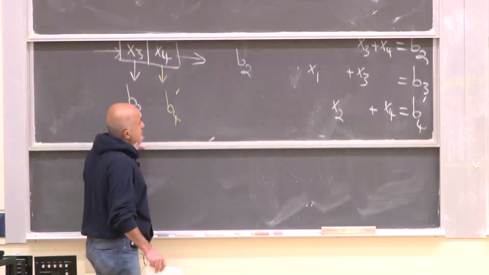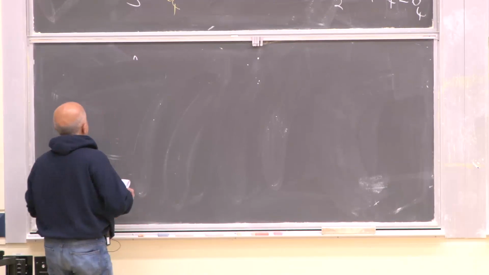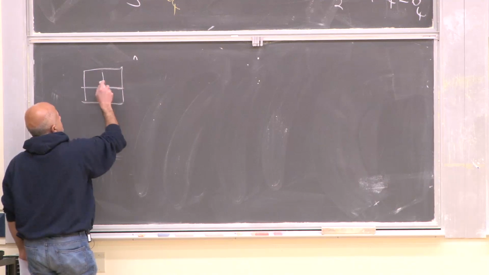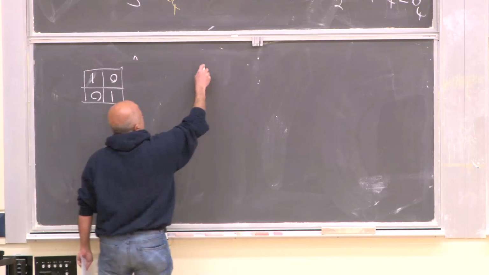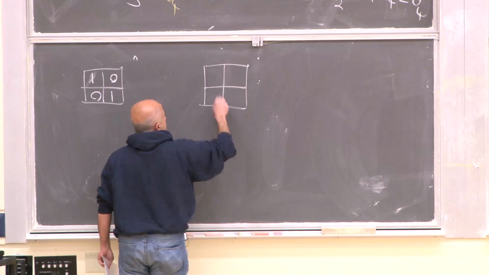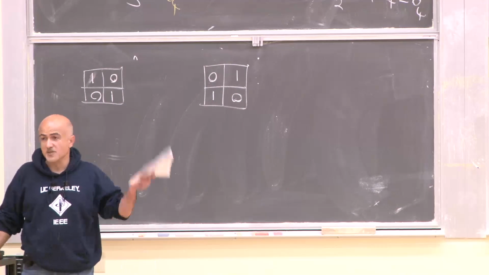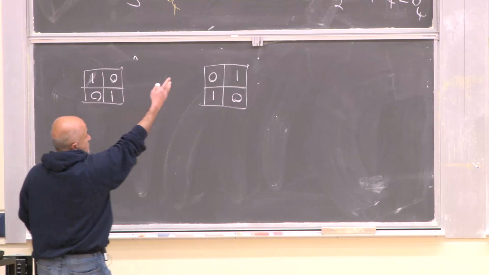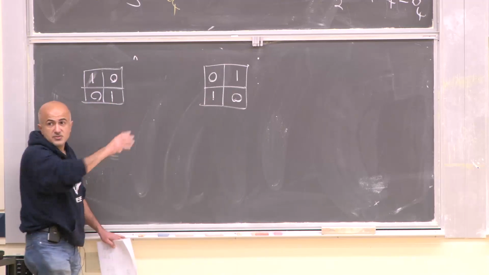One of the diagrams I put up on the board was, suppose your x1, x2, x3, x4 are of this form, 1, 0, 0, 1, and compare that with this configuration. If you plug these values into the equations, you should be able to easily verify that this set of measurements is incapable of distinguishing these two.